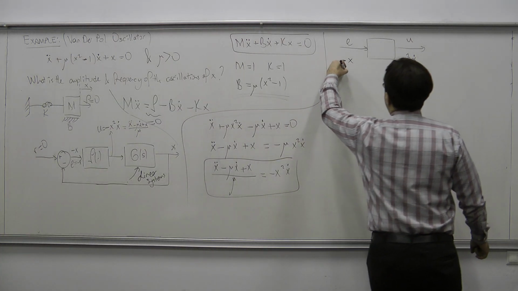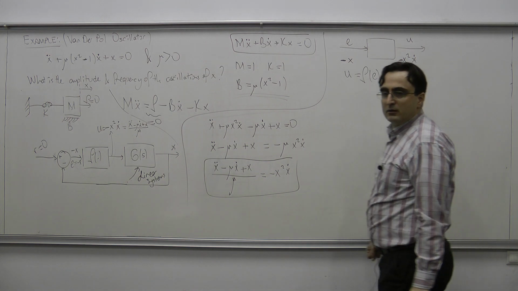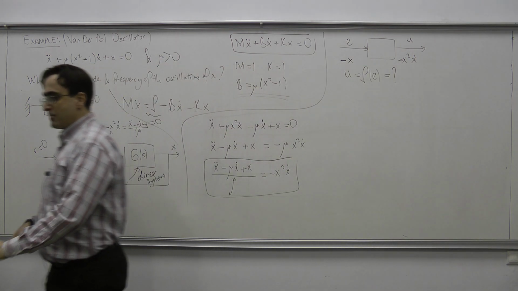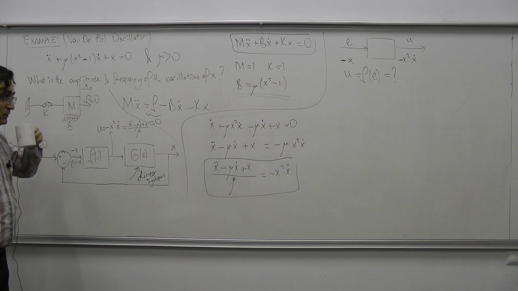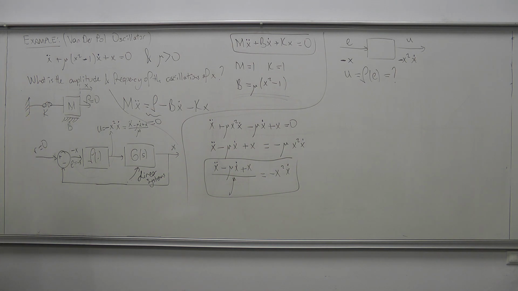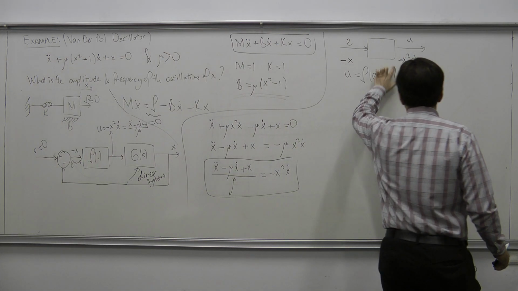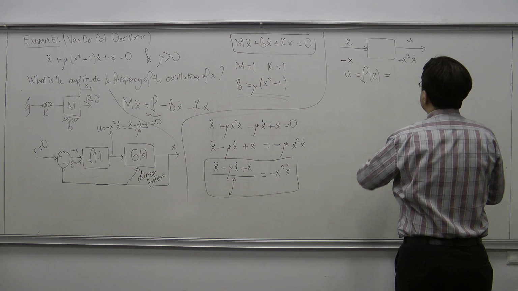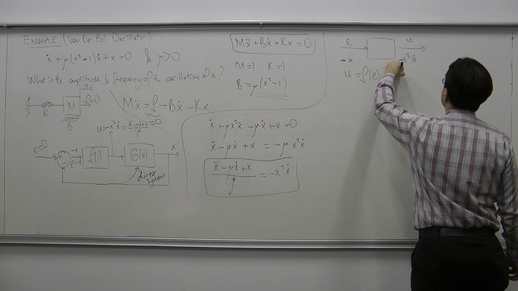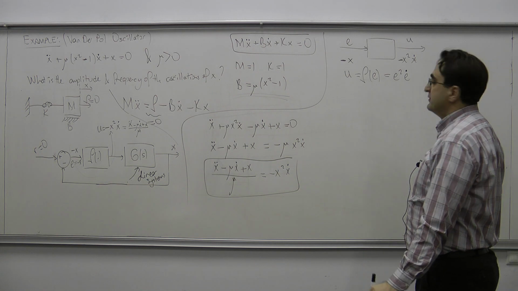So I need to find U is equal to f of E. What is that f of E in this case? So here I can actually write f of E as E squared times E dot. Okay? So this is my nonlinearity.